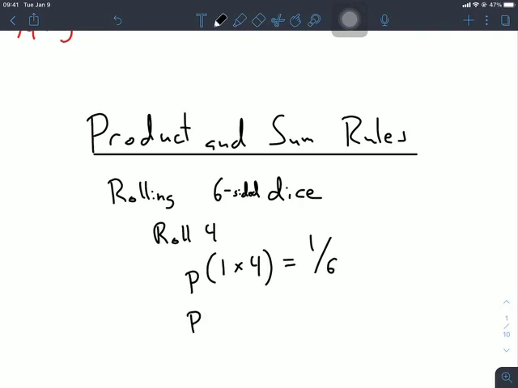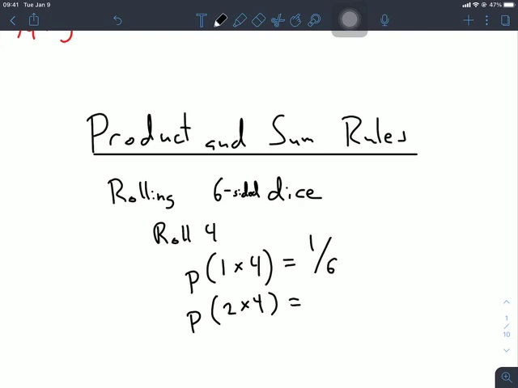Now, what's the probability of rolling 2 4s exactly? Well, when I roll one dice, does the result shown on the first dice have any impact on the result shown on the second? The answer here should be no, right? These dice roll independently.